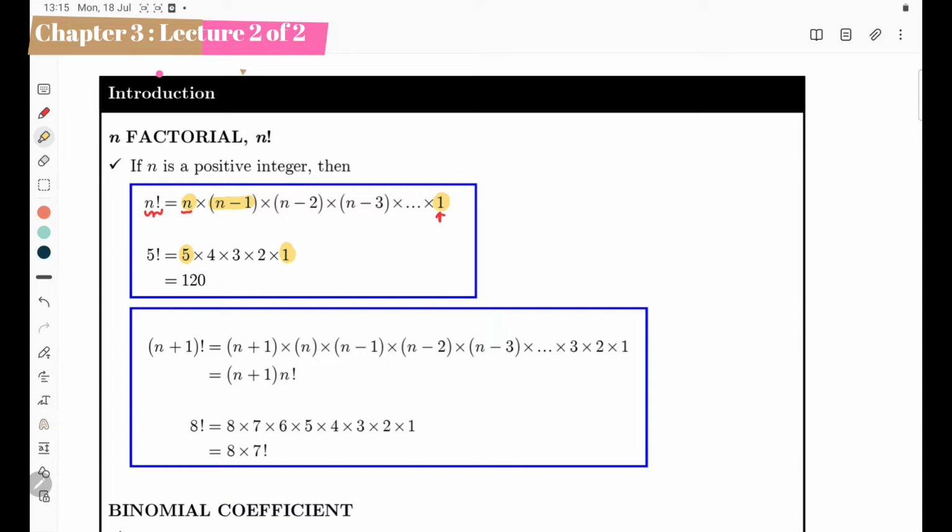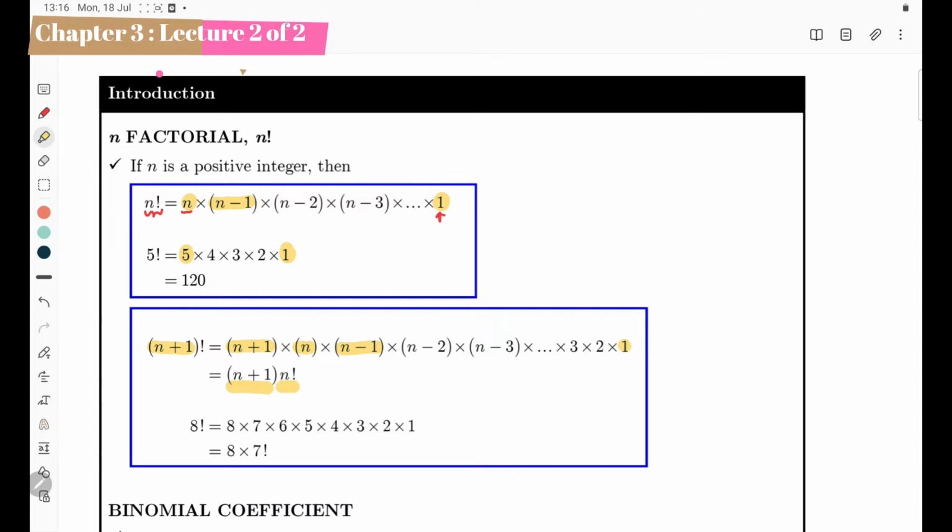Now look at (n plus 1) factorial. As previously, we have to start with n plus 1 and then multiply by the term minus 1 from the previous term, which is n, then n minus 1, up till 1. We can also write this in the form of (n plus 1) times n factorial.